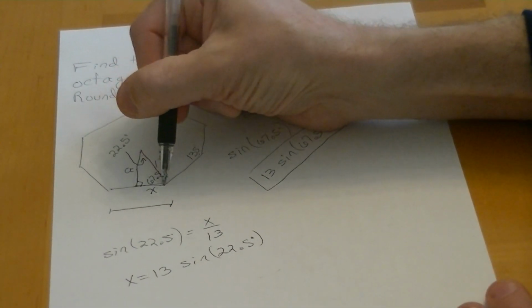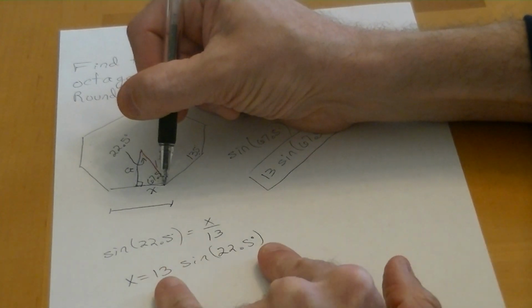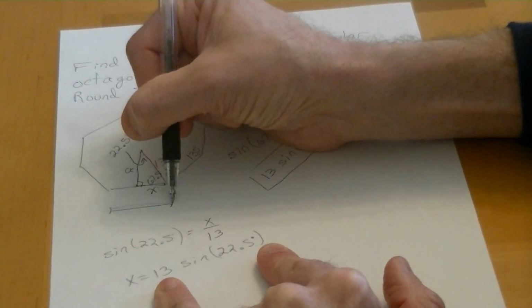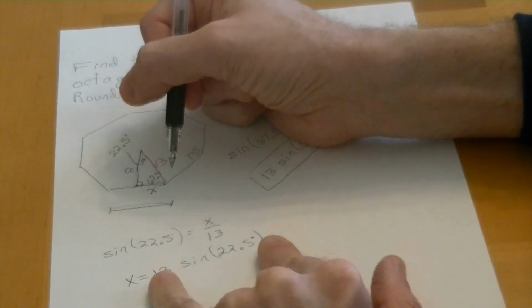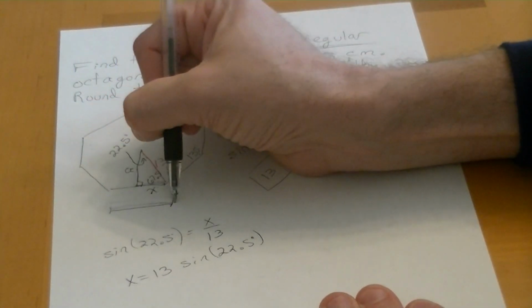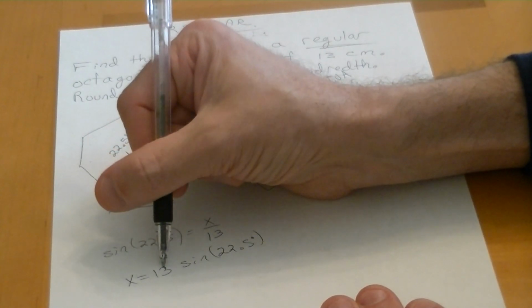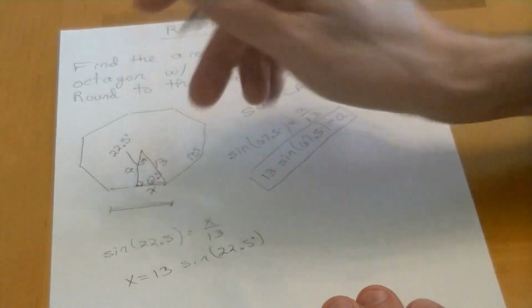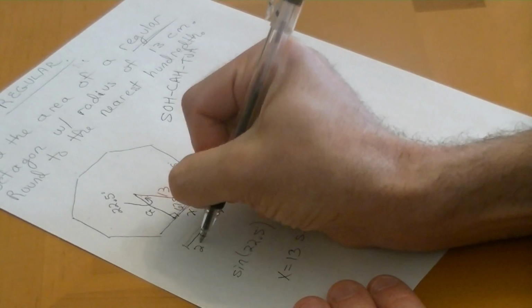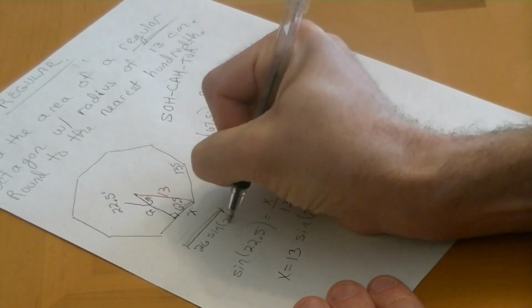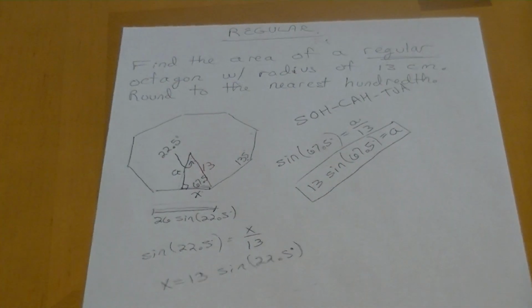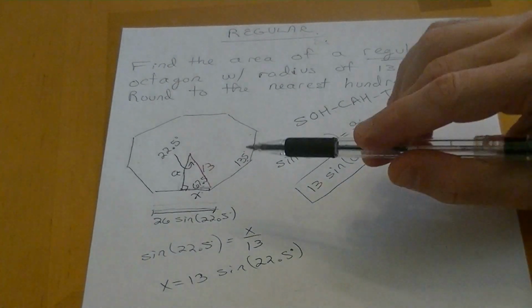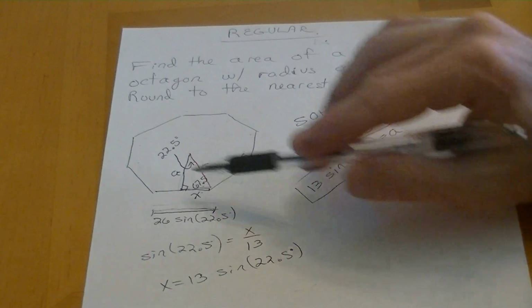But if that's what x equals, what did we say we have to do to this number to get one side length? Remember we said if x is 2, this would be 4, and we have to double this. So one side of the octagon, if I double that, is 26 sine of 22.5 degrees. And if that's a side length, what did we say we do to that to get the perimeter?